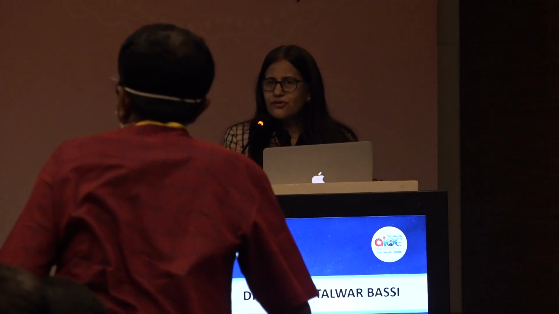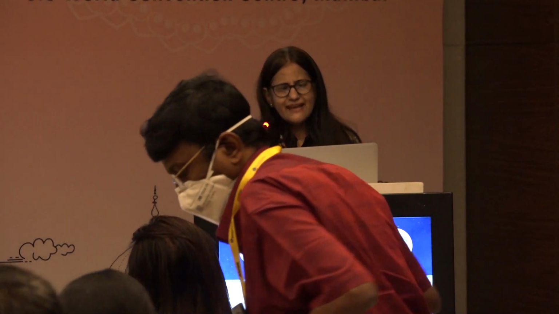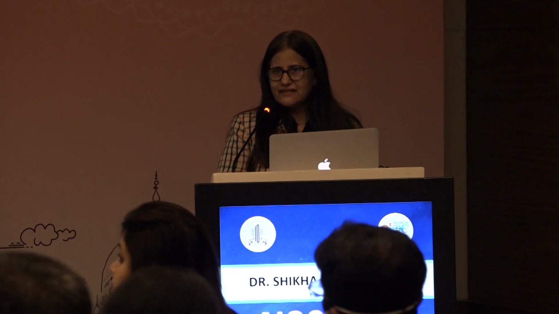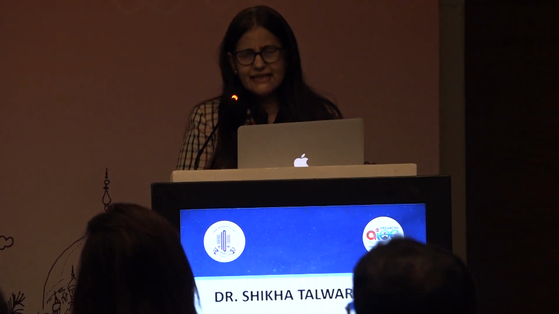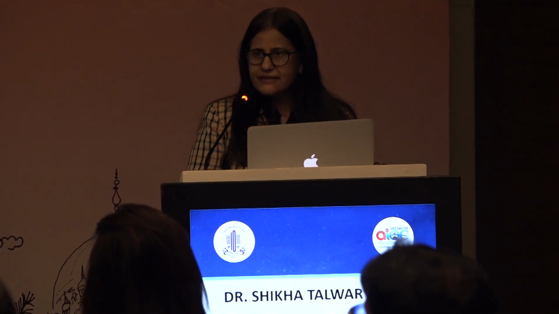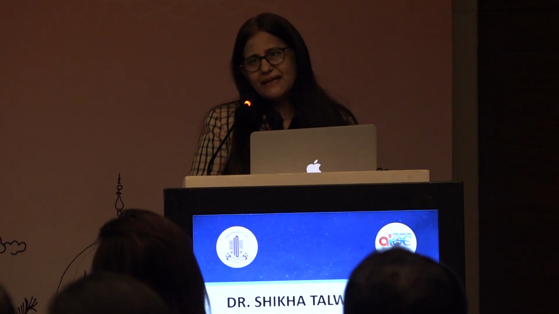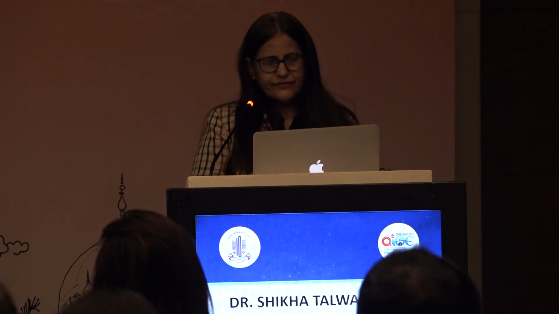With the advent of newer technology, a lot of machines have been added, and with every advancement, a new feature is added. I'm not going into the details of the machines, but I would like to discuss the protocols which are used to capture the peripapillary retinal nerve fiber layer thickness and the ganglion cell layer thickness.